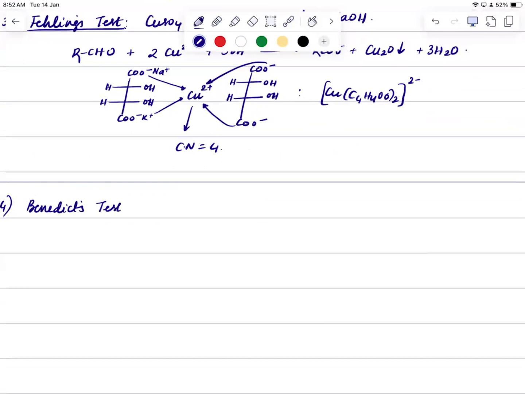The fourth one is the Benedict test. Benedict test is copper sulfate plus sodium potassium citrate.